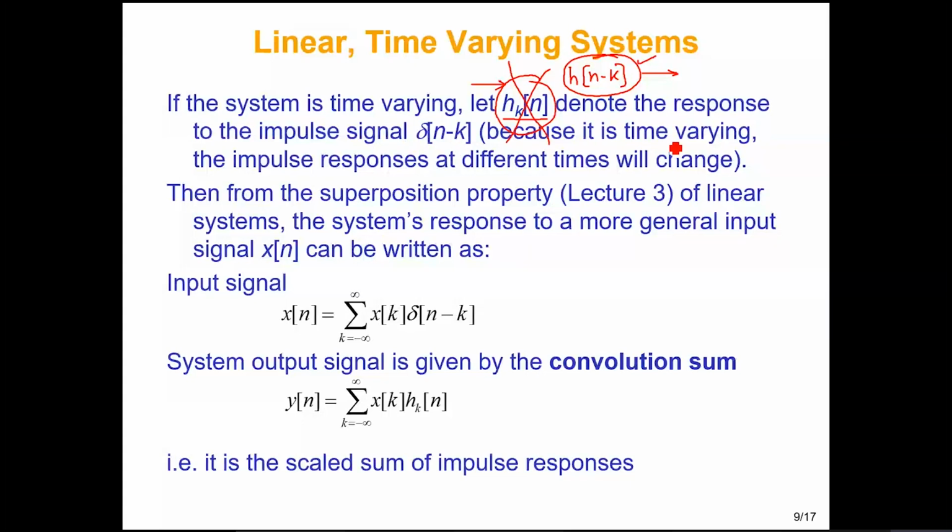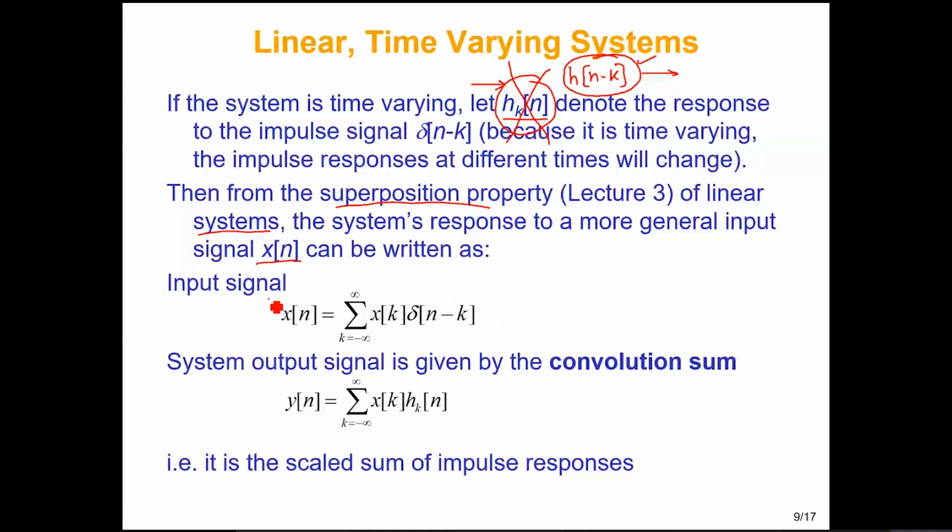because it is this shifted impulse, then we can actually use the superposition property of linear systems, and then we can first of all write x of n as a sum of scaled delayed impulses.